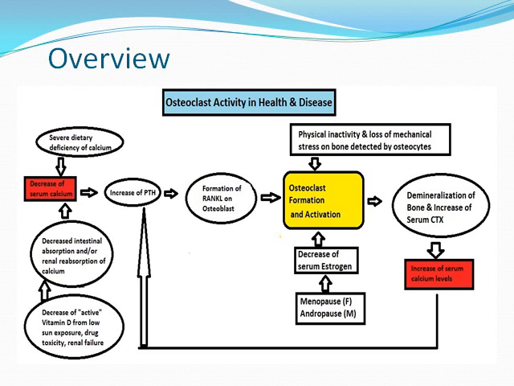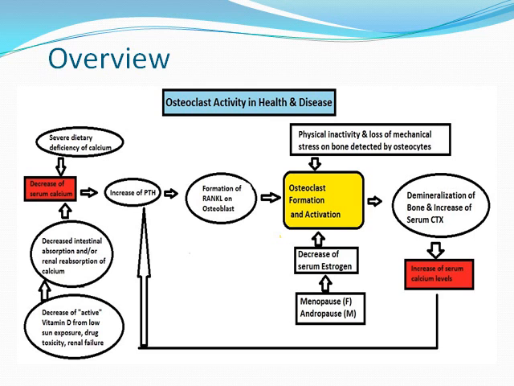As the bone becomes demineralized from the tiny pit there, calcium is released into the bloodstream and can feed back, if you follow the big arrow there, to PTH to suppress the PTH, so it shuts the process down.